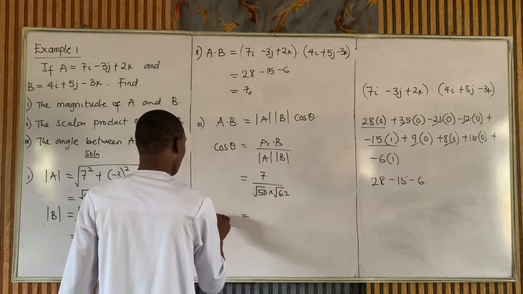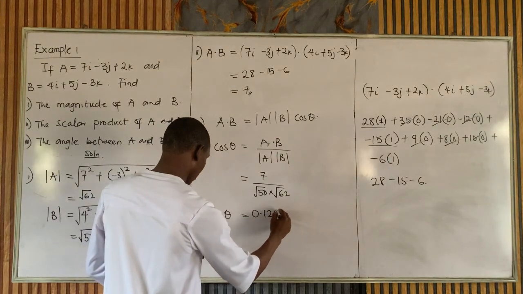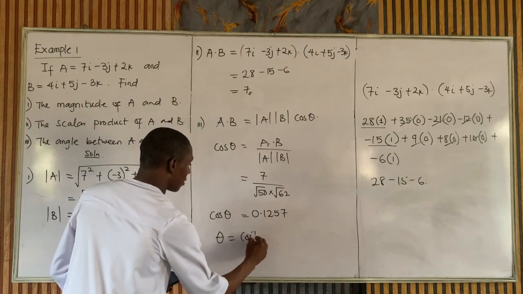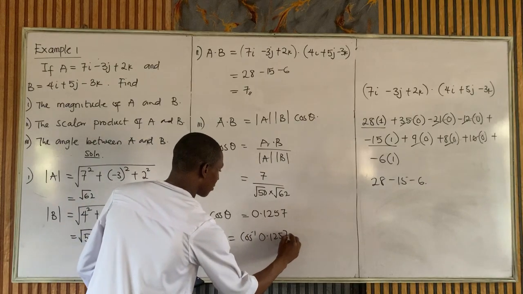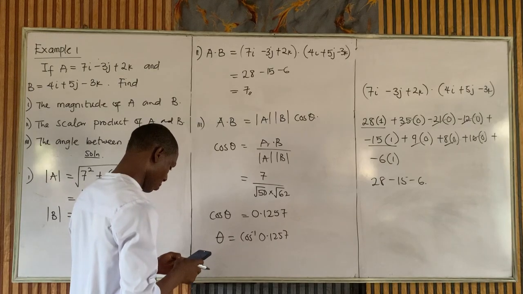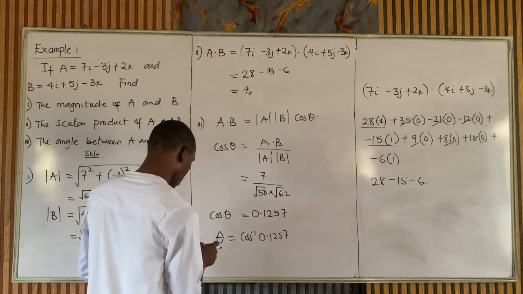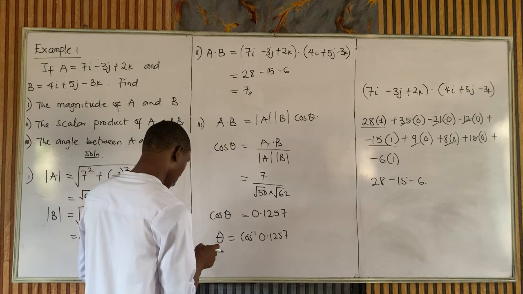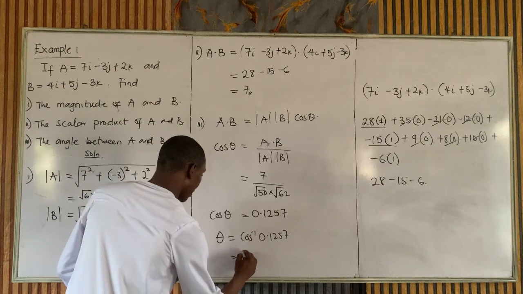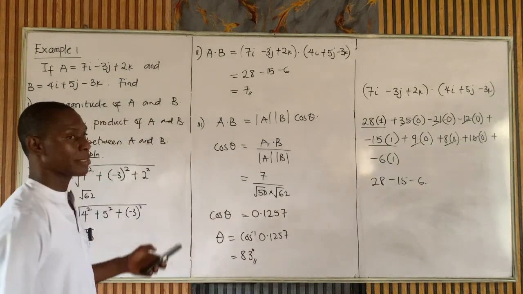If we do this, we get that cos theta is equal to 0.1257. And theta therefore will give us cos inverse of 0.1257, and that will be 83 degrees approximately. So that's that about this.